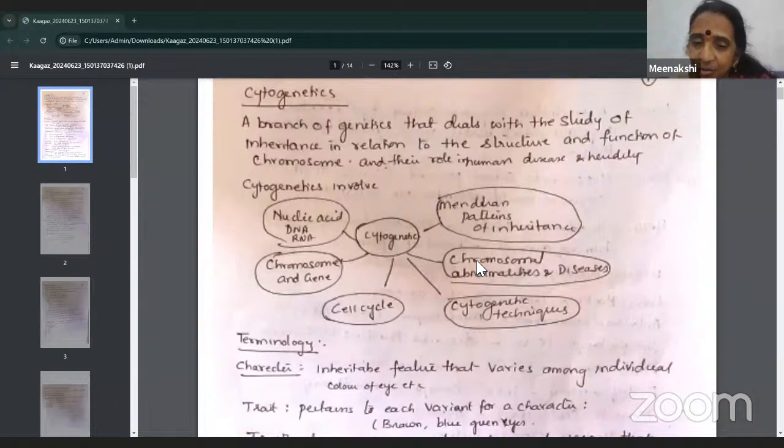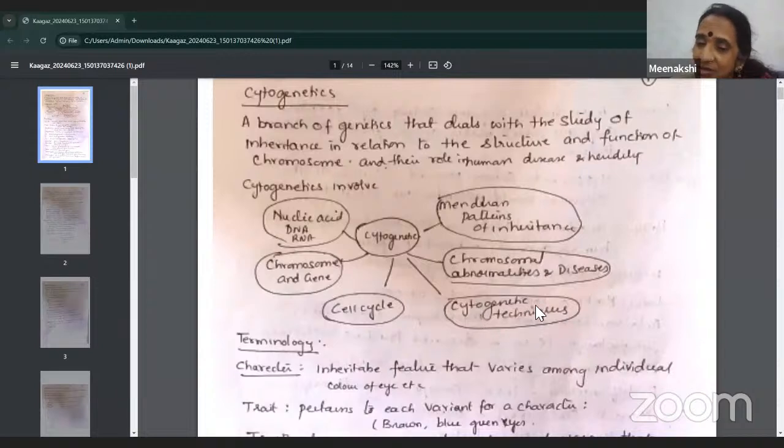This damage can occur due to a number of environmental factors, chemical factors, or physical damage. When it happens to the chromosomes, it leads to deformities of the body and of functioning. So to identify this, we need cytogenetic techniques.